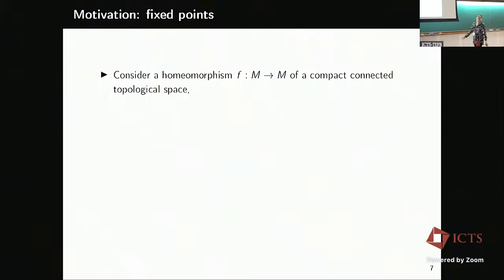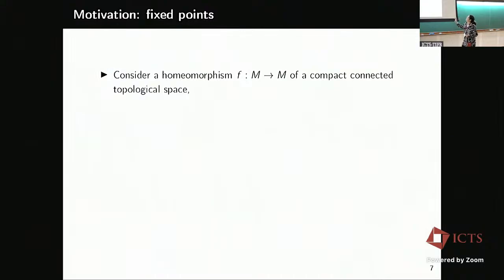If you're applying for grants, you probably will explain fixed points have applications in economy, biology, and so on. But also in mathematics, we have good reasons to study fixed points. If you have a homeomorphism of a compact connected topological space, you have a way of determining whether this homeomorphism has fixed points using group theory through Hadamard numbers.